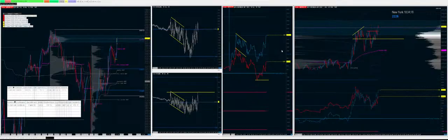So here is an important level that we're touching right now, which is this RTH high, which is here in the middle chart. So we're getting right up to that.